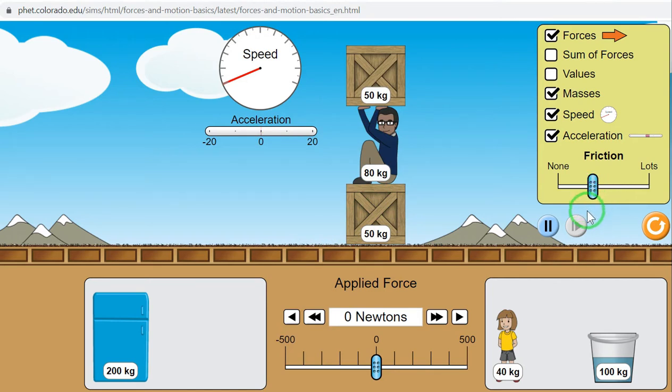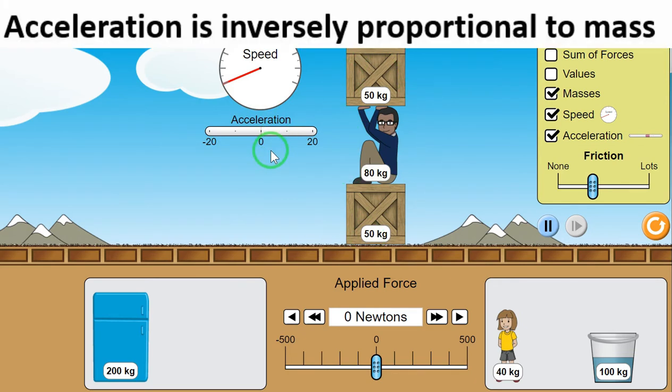And therefore Newton said acceleration is inversely proportional to the mass. Let me repeat again. Acceleration is inversely proportional. And what does it mean? More the mass, less the acceleration. And what does acceleration mean?